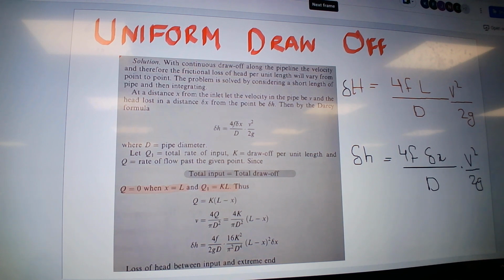And the formula for the Q is V times the A. Instead of writing Q, I can write V times A, where A is the area, equals K (L minus x). And then to find the V, I need to do K (L minus x) divided by the area.